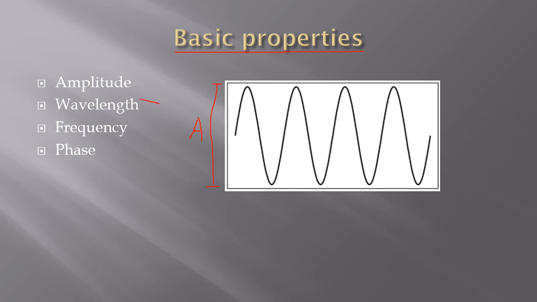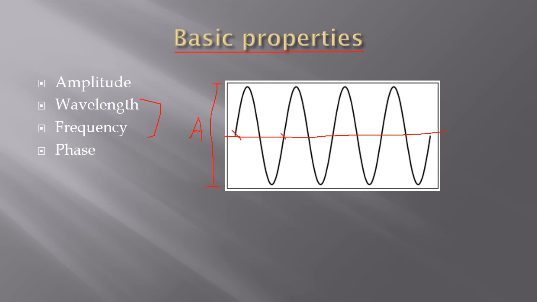Then we have wavelength and frequency. In this picture, for example, we have a signal which starts from here and ends here. This is called one wavelength.